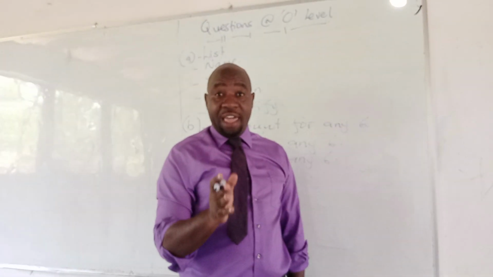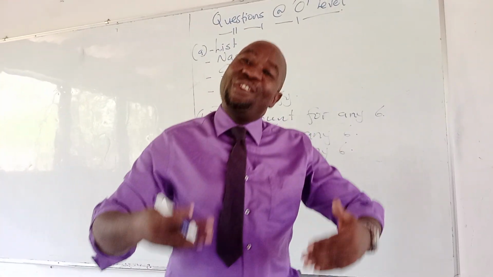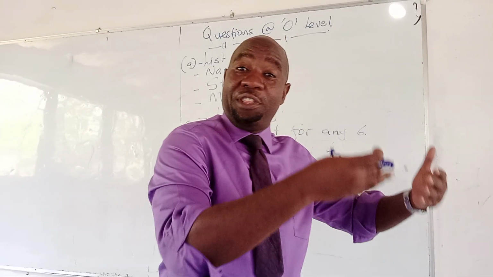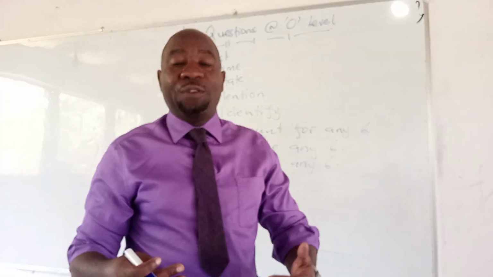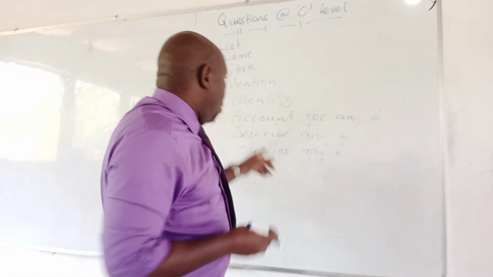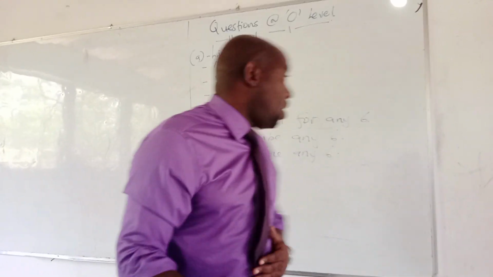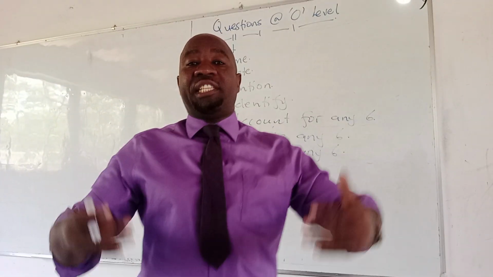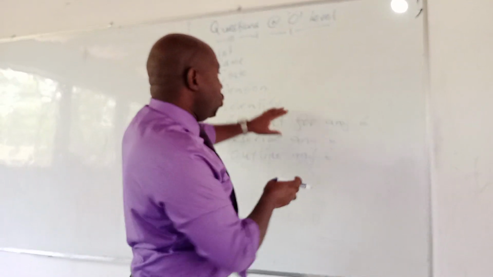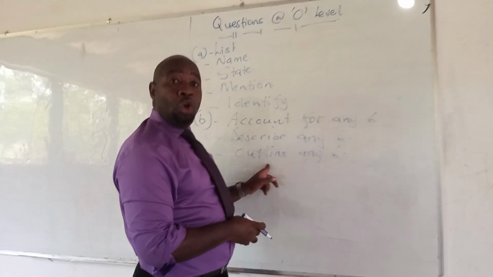So that is what we have on part B. Account for any six factors that led to the downfall of the Mutapa state. Account for any six terms of the Algeciras conference, or describe any six events of the Sarajevo incident, or outline any six factors that led to the rise of Mussolini in Italy.